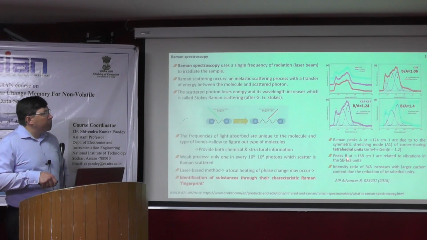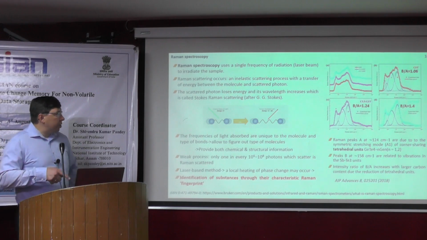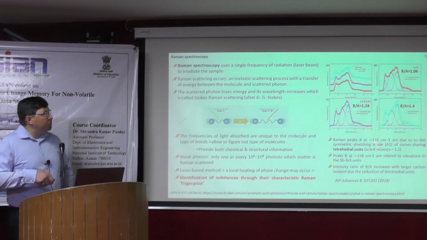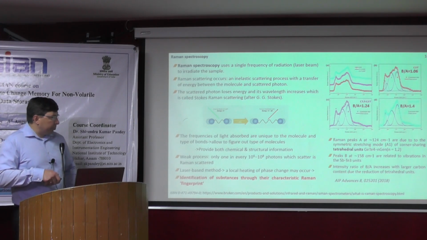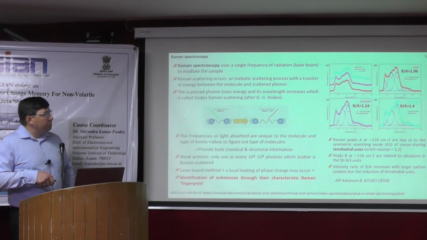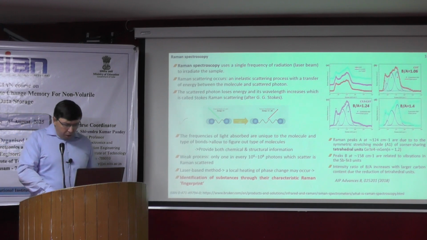And for example, from the intensity of these two peaks, you can study something about doping. In this case, they studied the doping of carbon material, and also the position of carbon, in which units in this material.